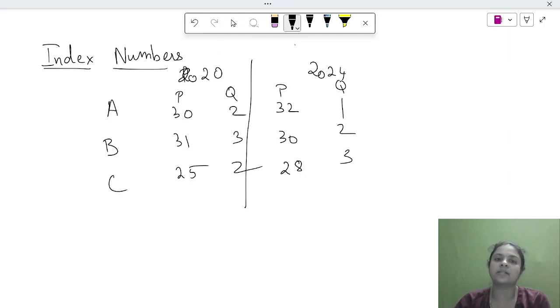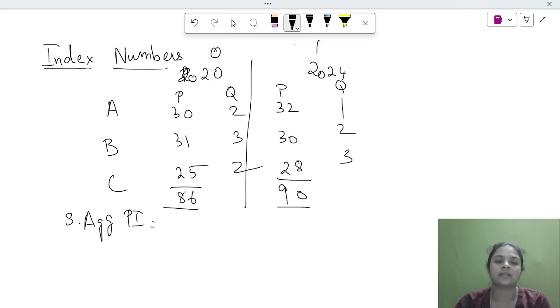So year 0 is the base year, this is the current year. Okay. Now first if you have to do simple aggregate price index, total of P1 and total of P0 you need to take. So total this is 90. Here it will be 86. So answer will be 90 divided by 86 into 100.